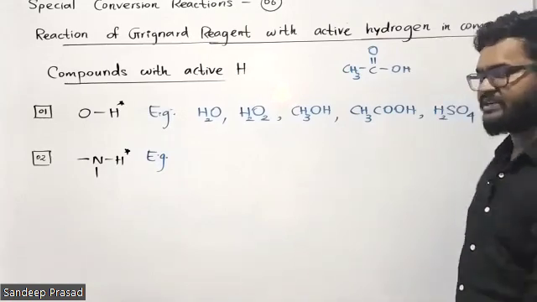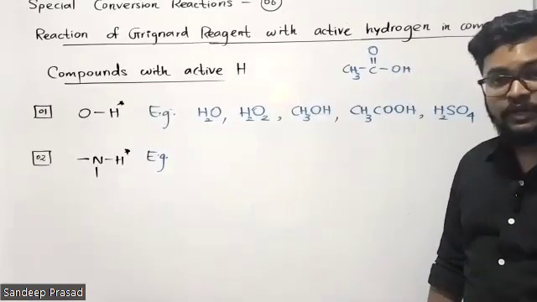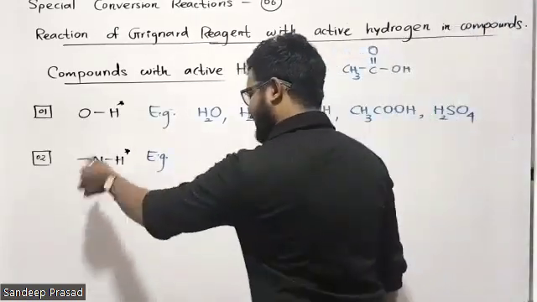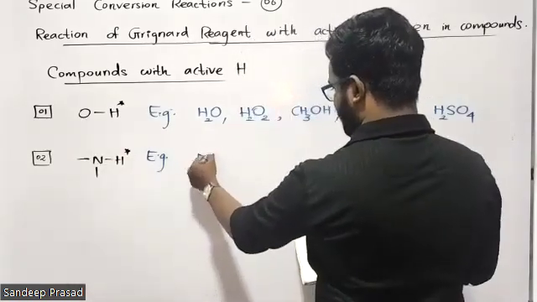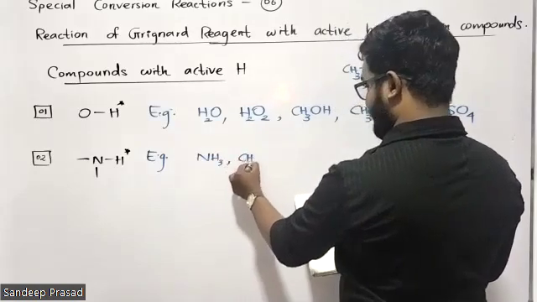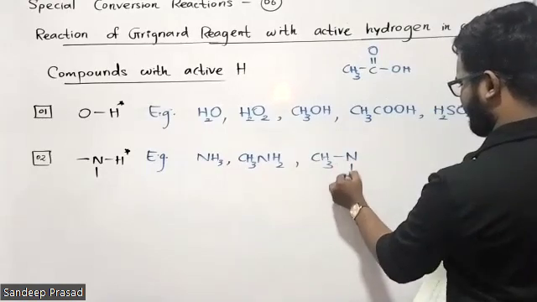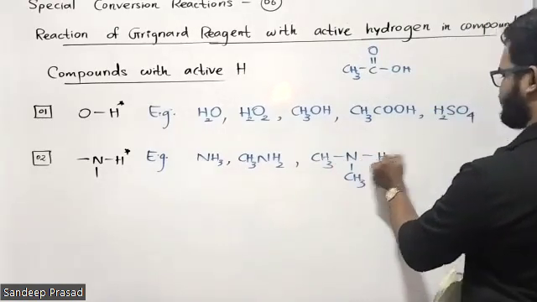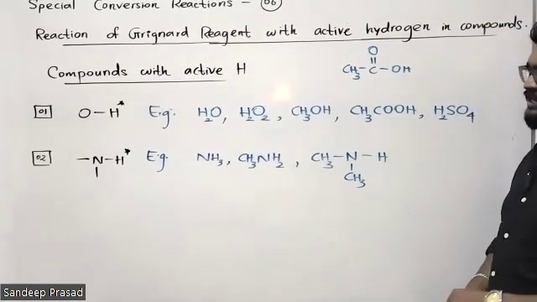When Grignard reagent is added, the hydrogen can eliminate as an acidic, active hydrogen. The reason is electronegativity. Examples are ammonia NH3, methylamine CH3NH2, dimethylamine. Likewise, we can write many examples having NH groups. That is the second type.